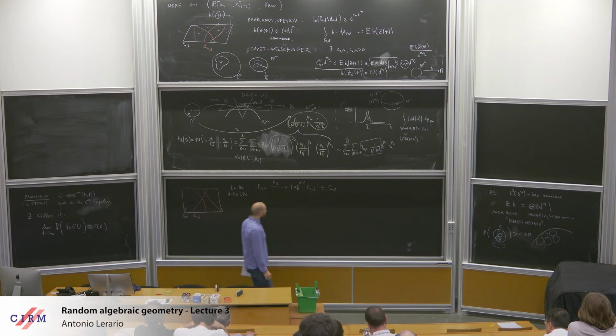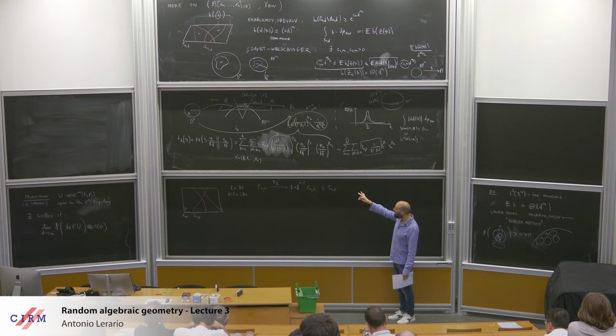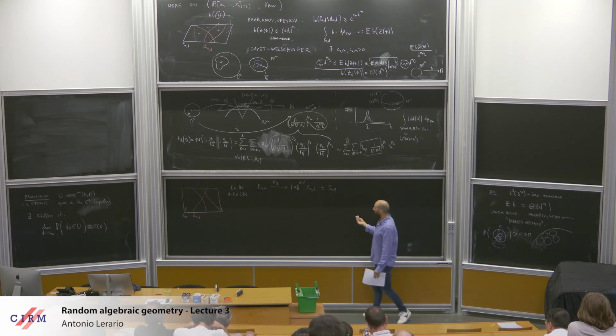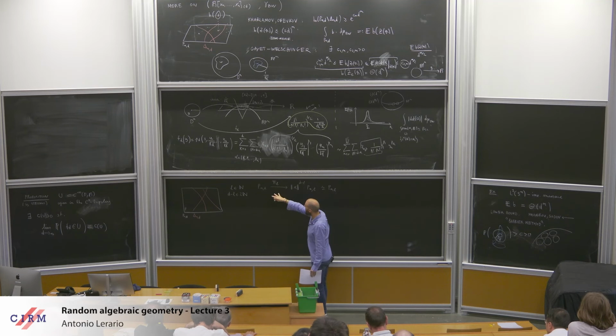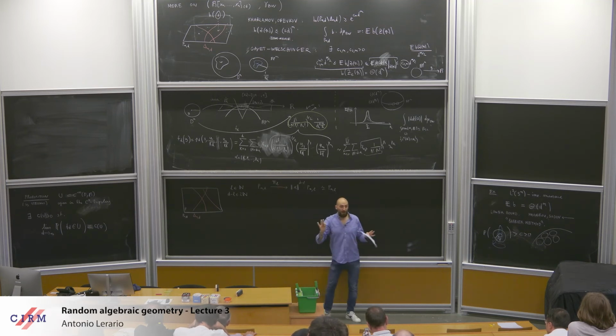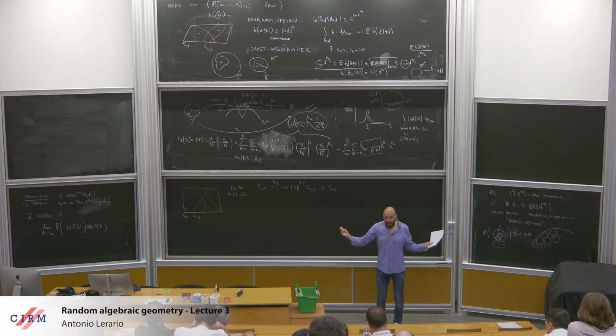So maybe let me tell you in a slightly different way. I want to argue that these orthogonal projections are nothing but the truncation of a Fourier expansion. Take this picture and restrict it to the unit sphere. Instead of looking at polynomials as homogeneous functions, just look at polynomials as functions on the sphere.